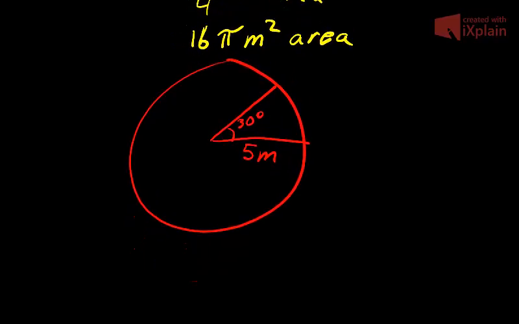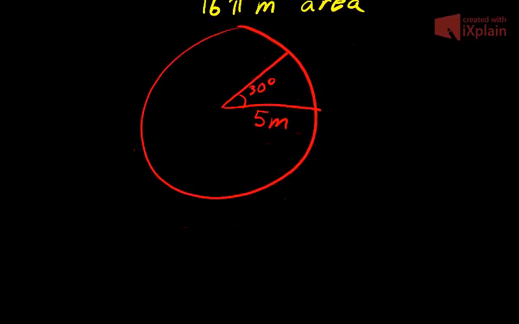We already found that the area of a circle with a 5-meter radius is 25 pi meters squared, sorry, make sure I include the pi in there. Our area is pi r squared. R is 5, 5 squared is 25, so our area is 25 pi.